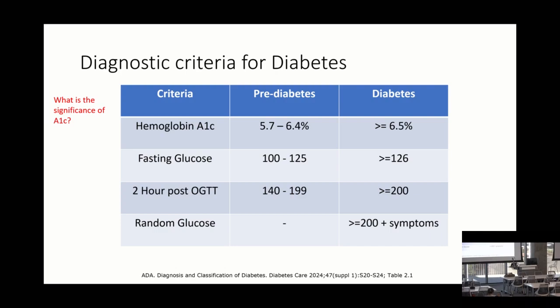Okay, so what are those symptoms of hyperglycemia? All the polys, so polyuria, polyphagia, polydipsia, and all that. So remember that. If a patient comes with those classic symptoms and their glucose is more than 200, then that is also diagnostic.